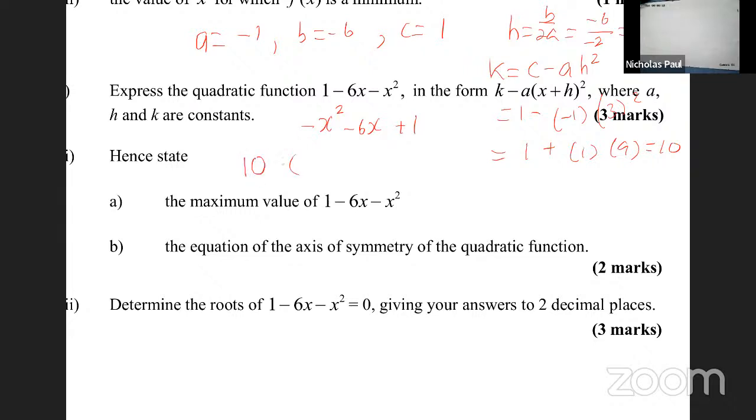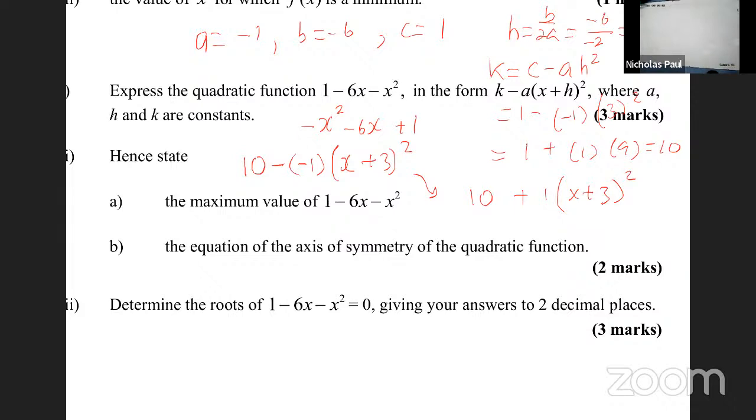Minus A is minus 1, open brackets, X plus H was 3 all squared, right? So ideally it should look like this: 10 plus 1 open brackets, X plus 3 squared. Anybody got that? Yes.